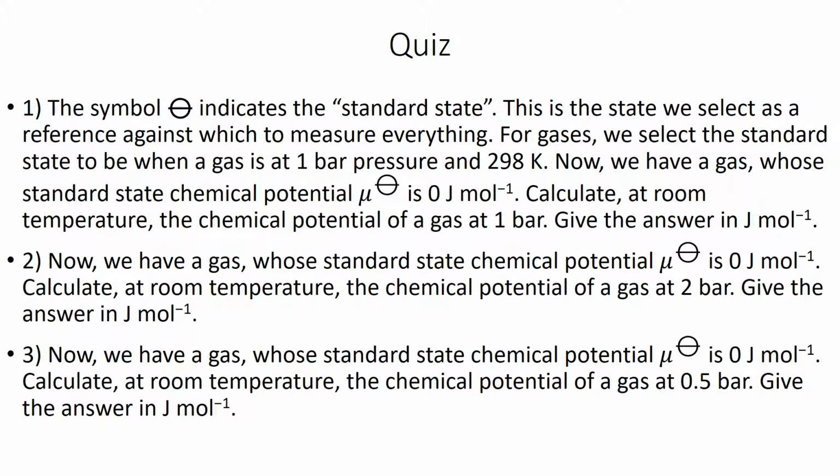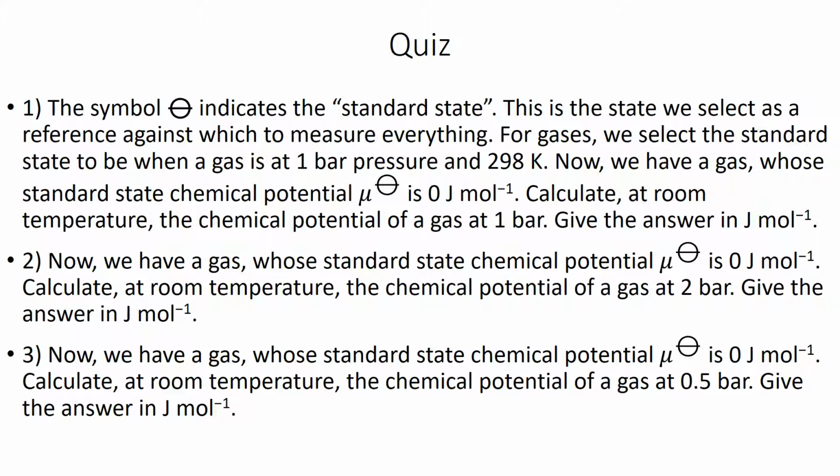For gases, we select the standard state to be when a gas is at 1 bar pressure and 298 Kelvin. Now, we have a gas whose standard state chemical potential, mu circle dash, is 0 joules per mole. Calculate, at room temperature, the chemical potential of a gas at 1 bar. Give the answer in joules per mole.